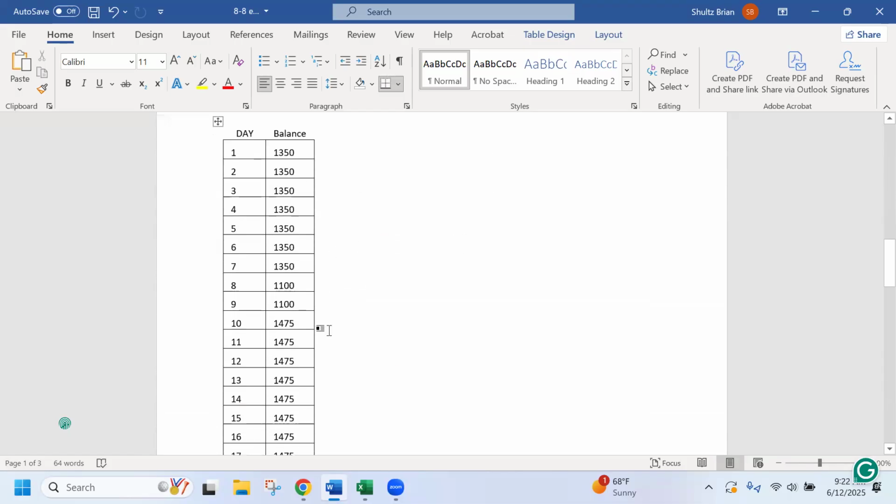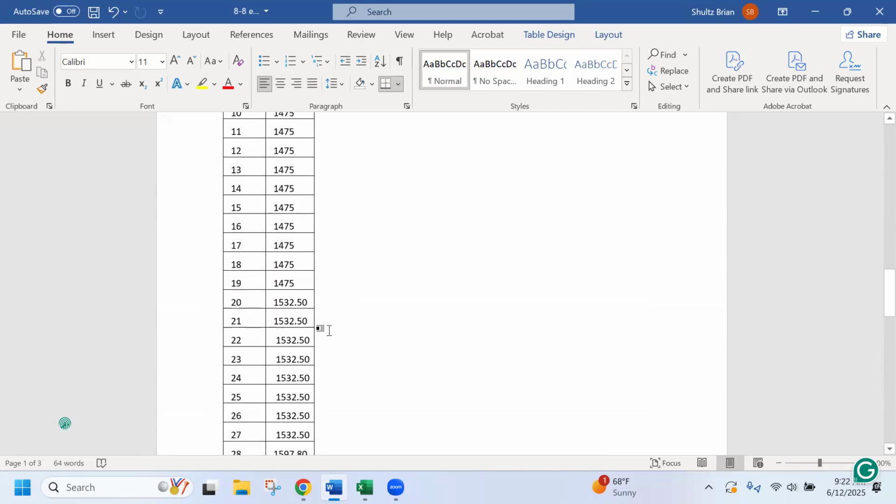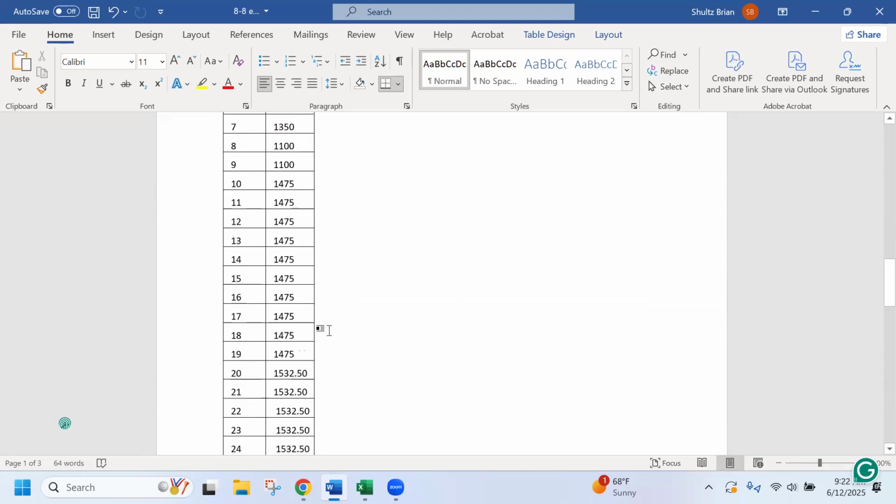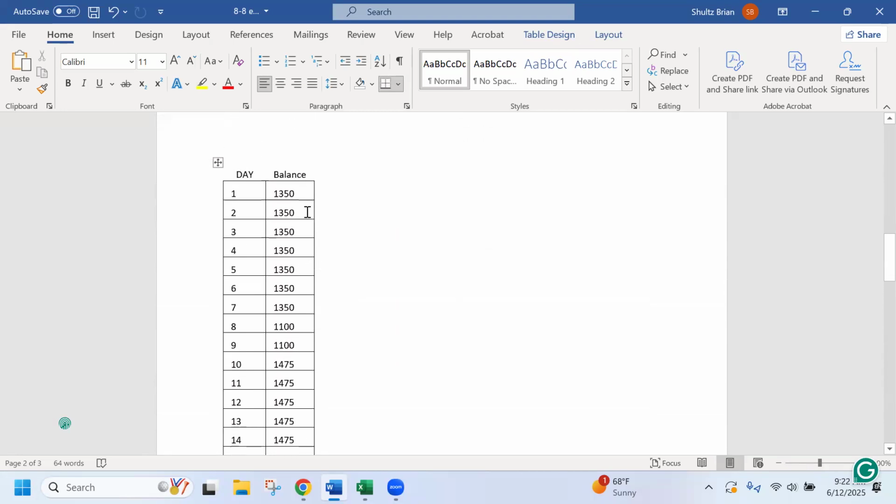I have built this sheet here to help us with this. Basically, this starts off with what we know. The balance coming in on May 1st was $1,350. You can see on here that it carries that balance from here to here. So it is 7 days at $1,350.